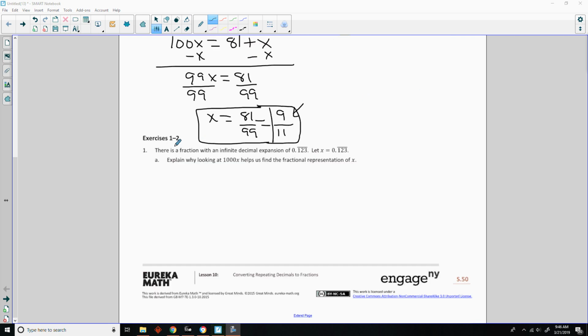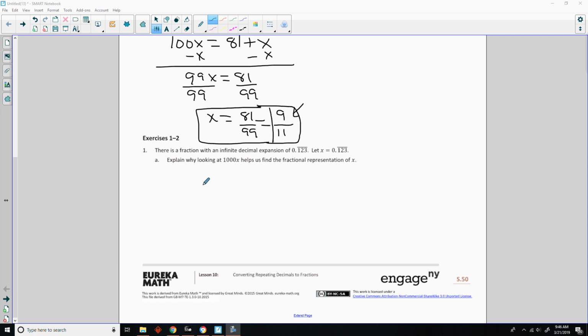Okay, exercises 1 and 2. Exercise 1 says there is a fraction with an infinite decimal expansion of 0.123 repeating. Let x equal 0.123 repeating. Explain why looking at 1000x helps us find the fractional representation of x. Well, this is 10th, 100th, 1000th.